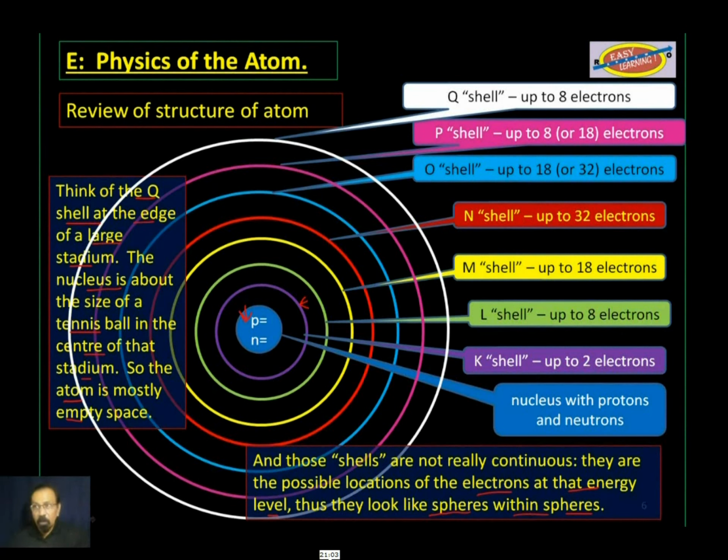So think of one hollow ball in another one, and in a bigger one. If you were to cut them all across, this is what you will see, like if you cut an orange, so that it is not flat like a disc. What you see here would be like a semi-sphere, half of a sphere. So I hope we get a proper picture of what the atom looks like.